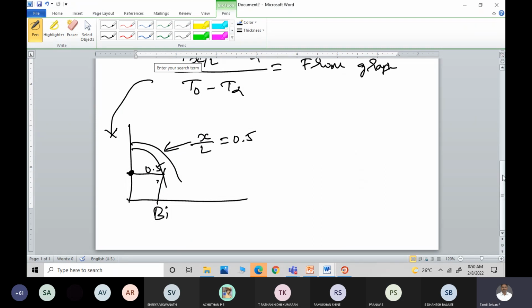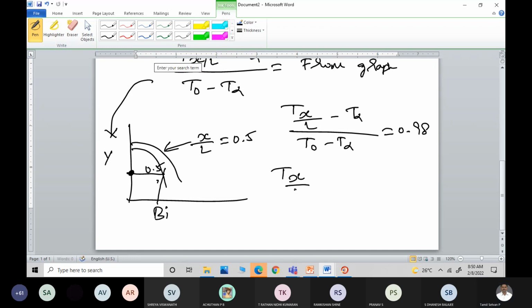The y-axis value is given by this expression: (T at x by L minus T infinity) divided by (T naught minus T infinity) equals 0.98. So T at x by L equals T infinity plus 0.98 into (T naught minus T infinity).